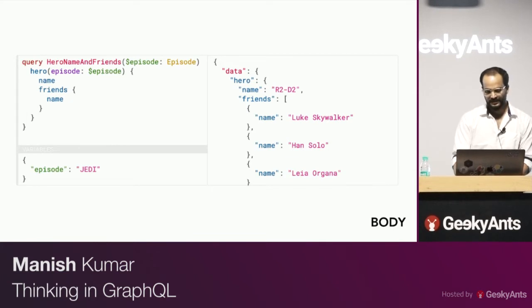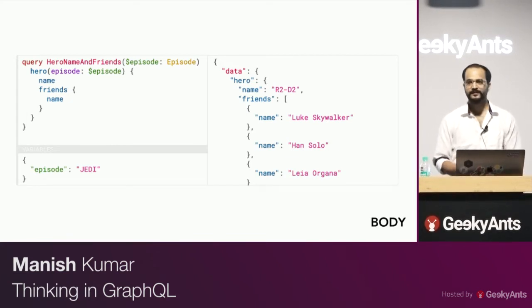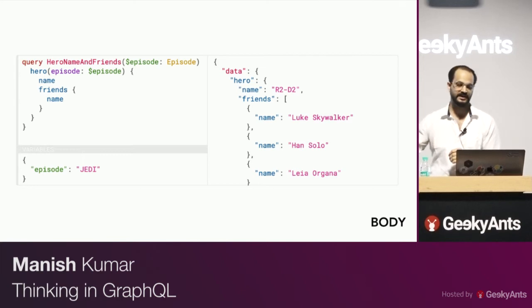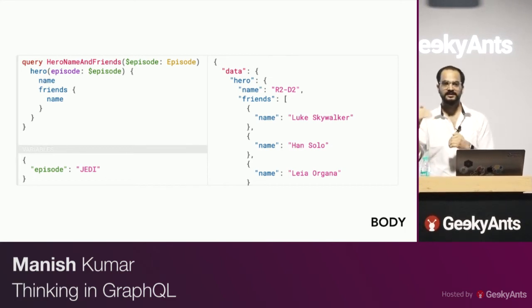And the other piece is variables. So in your POST request, you are mostly passing some kind of data that you want to have a side effect on your server side. Like if you're creating a user, or maybe writing a post or writing a comment for that user, you'll pass that in the body, right?